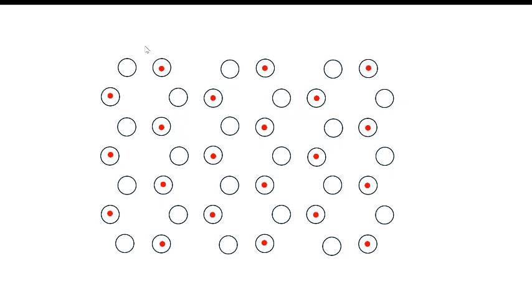What does it mean? It means that the motif doesn't have to be a single atom. It can be a group of atoms also. That is why the definition of motif says an atom or a group of atoms. And this is an example of more than one atom, when you have a group of atoms.